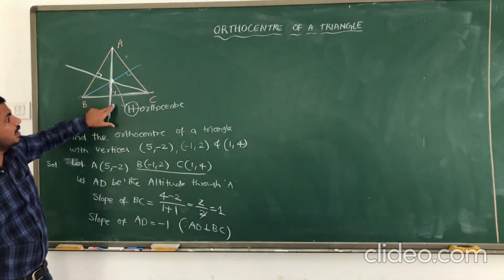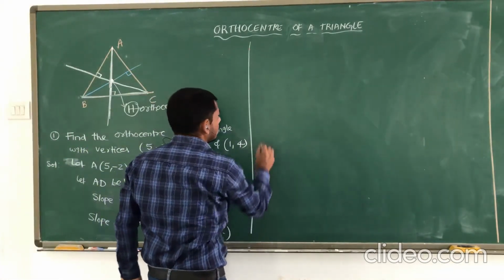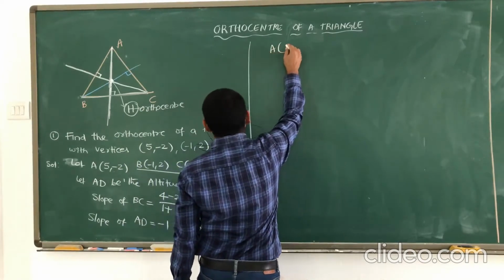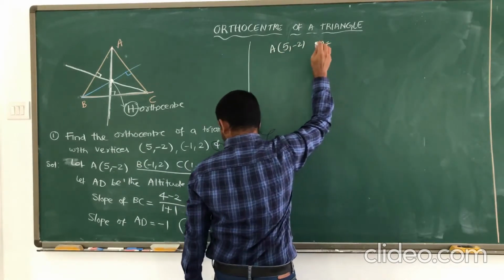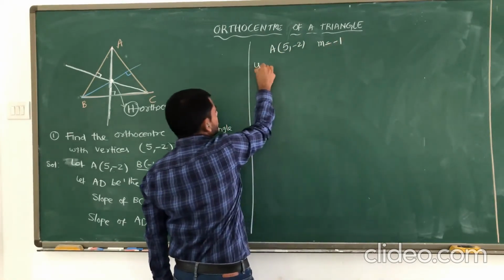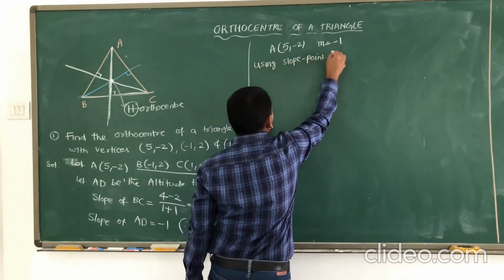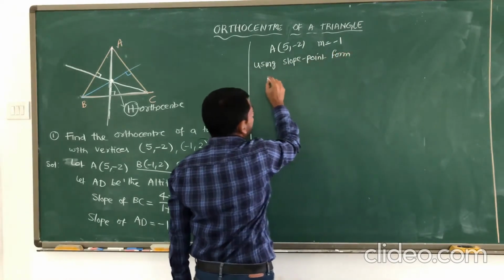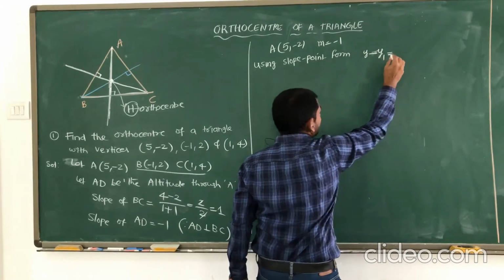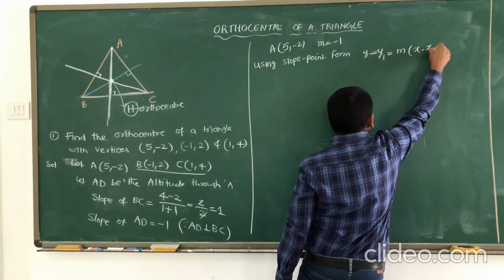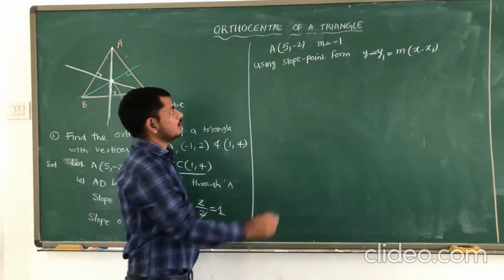Now we know the slope of the line AD, and we already have vertex A. Using the slope point form, with A = (5, -2) and slope m = -1: y minus y1 is equal to m into (x minus x1).